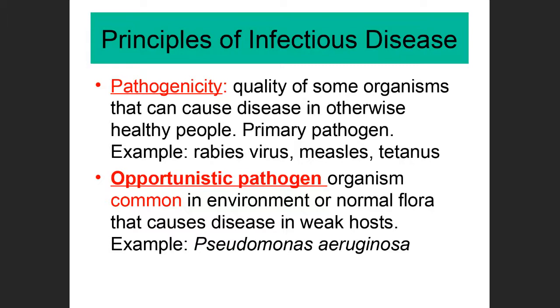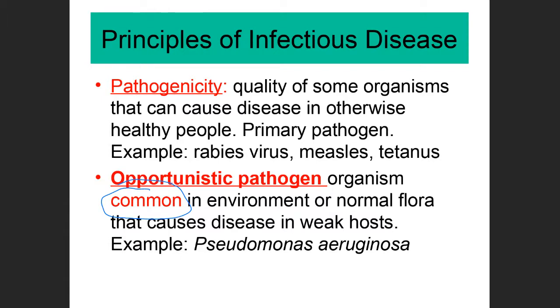Versus opportunistic pathogens. And this is one of the keys between a pathogen and an opportunistic pathogen. An opportunistic pathogen is common in the environment or as a normal flora. A true pathogen is not common. The rabies virus is not common. Measles, nowadays especially, is not common. Tetanus is not common.